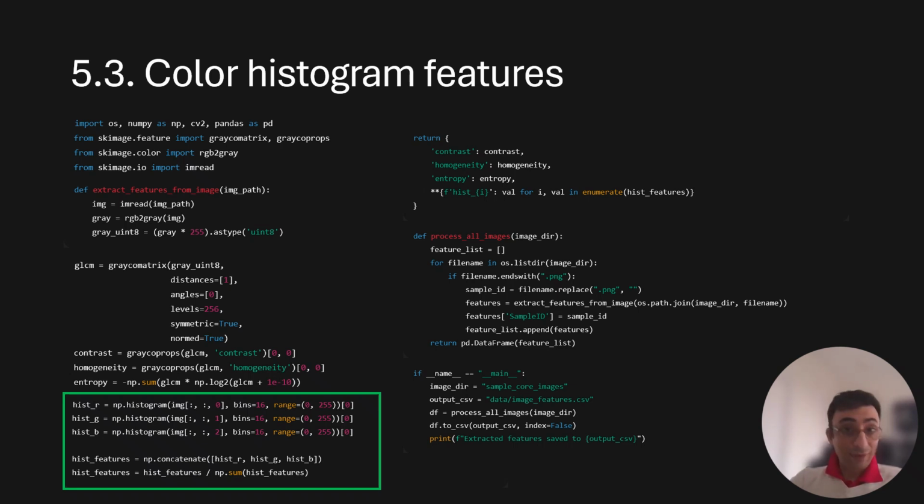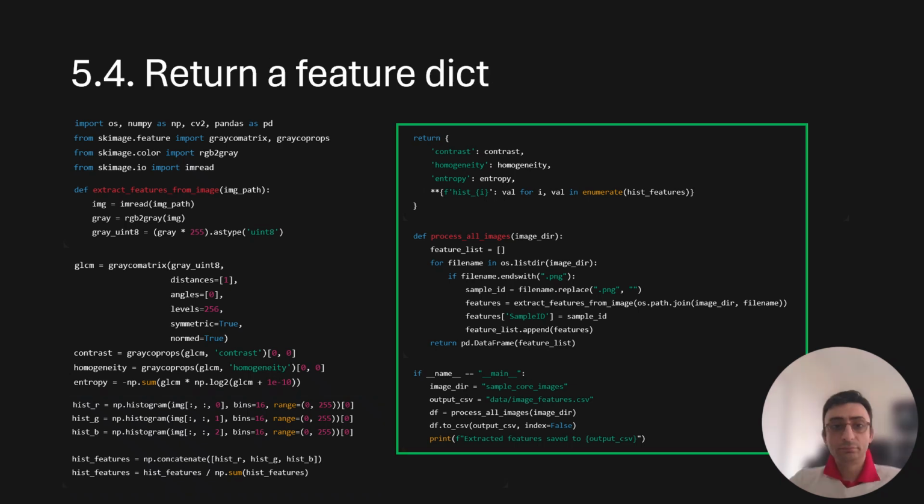Concatenate red plus green plus blue into a 48-length vector, and finally normalize so the histogram sums to 1. This makes the features scale-free across different image sizes. Then package the features into a flat dictionary, process the entire folder, and finally run and save it.